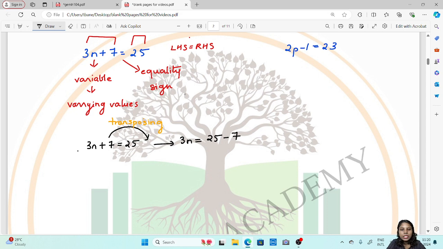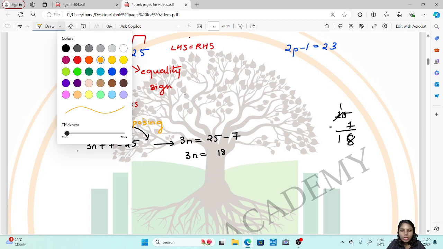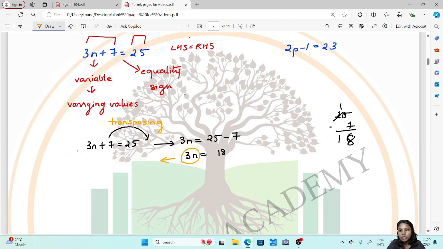Now this part we can solve. 25 minus 7, sorry, this will be 18. So we'll have 3n equals 18. Now see here, this part is basically 3 into n.